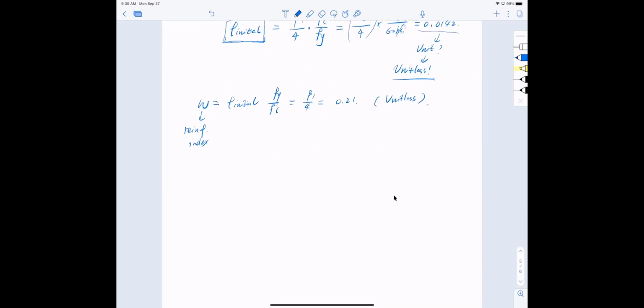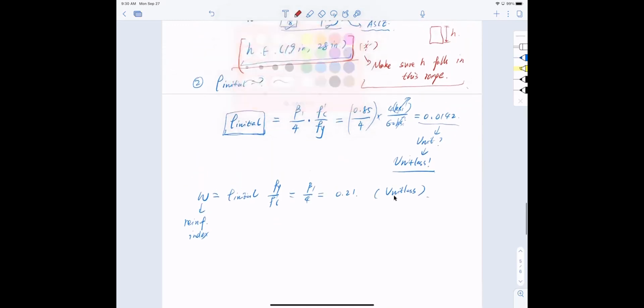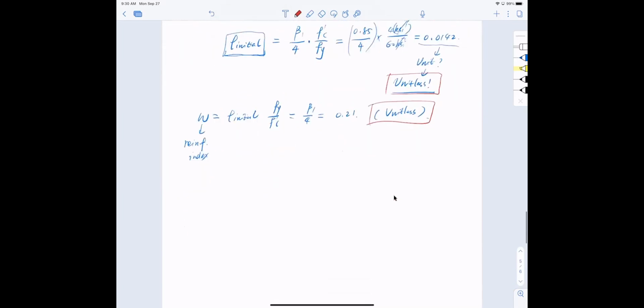Now, why I say these are very important is because we have introduced three terminologies, and the last one, especially important, is called R, the flexure resistance factor. R equals omega multiplied by 1 minus 0.59 omega, and then multiplied by f prime c. So fellows, the front terms are unitless, that's fine.